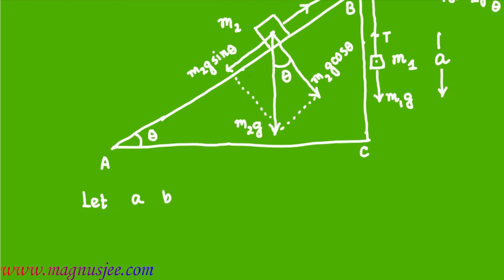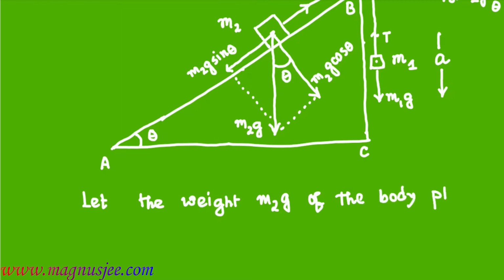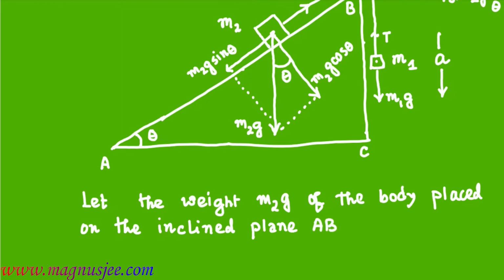Let the weight m2g of the body placed on the inclined plane AB be resolved into two rectangular components.